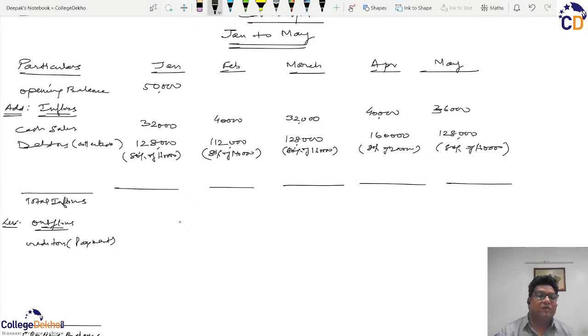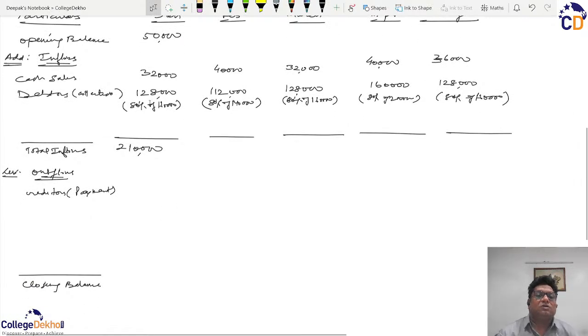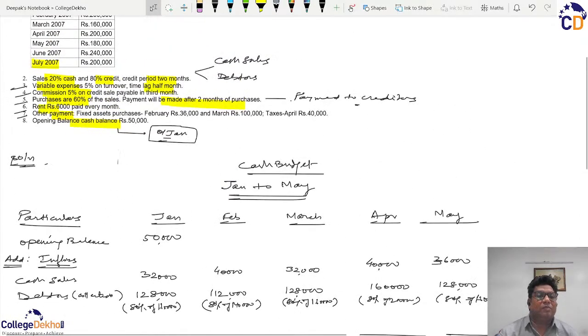So this 50 plus this 132 plus 128 will become 2 lakh 10. Here I am not writing it because the closing balance of January will become the opening balance of February, and only after that we can calculate the total inflows. So just to cover up the January month, to calculate the closing balance, now we go to the payment part.